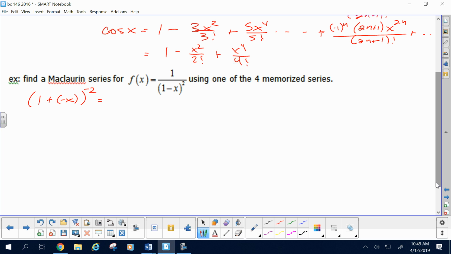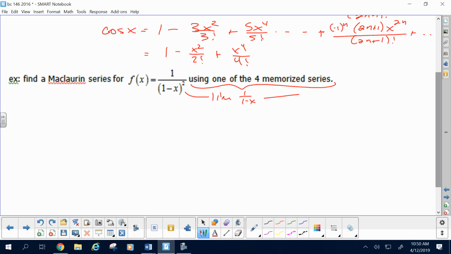Or you could do the idea of what they're asking for, which is to tie it to one of the 4 memorized series. Now, which one does that probably relate to? The 1 over 1 minus x. The temptation is that students say, well, I could do that one of 2 different ways.